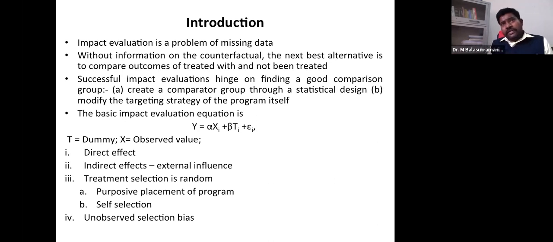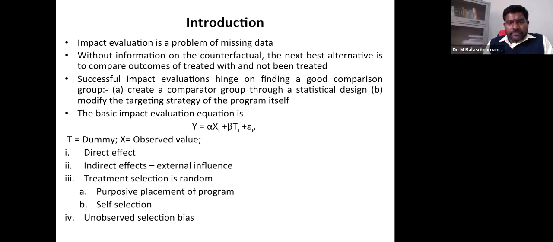For that we have two kinds of methods. One creates a comparator group through statistical design, through sampling methods, if we can manage. If we cannot, then we have to alter our target group. That's the second strategy, where we have to change the target strategy itself.